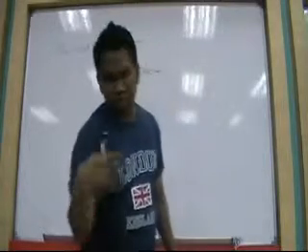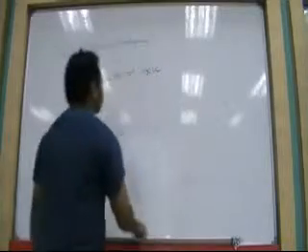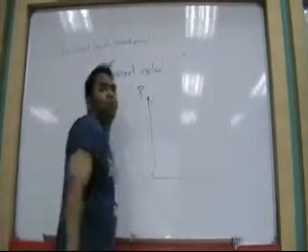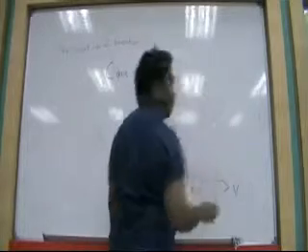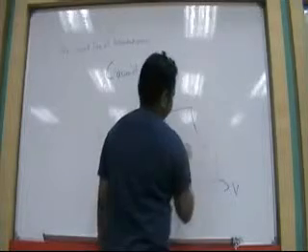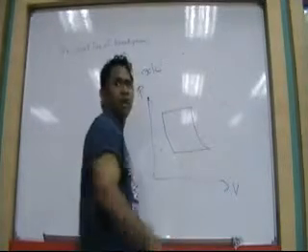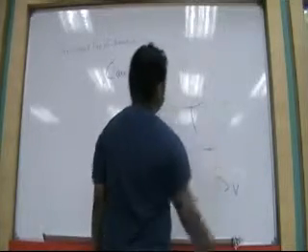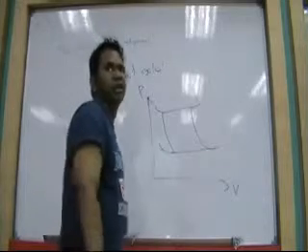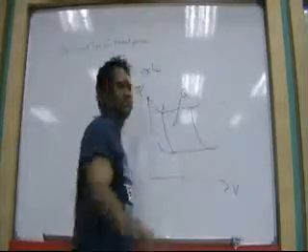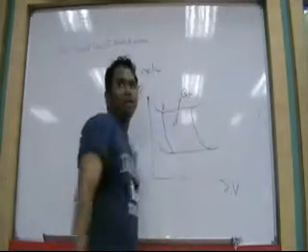Let me draw you a Carnot cycle. This is just a P over V diagram, and the Carnot cycle. And the total heat transfer Q, that's QH and QL.